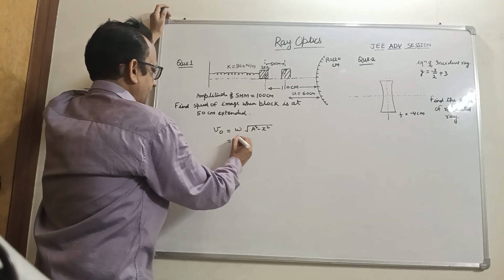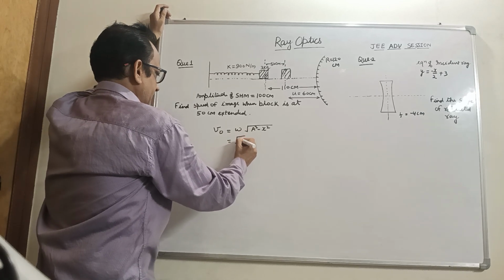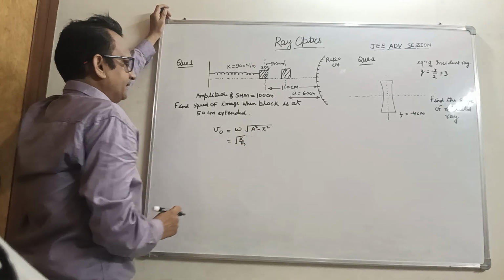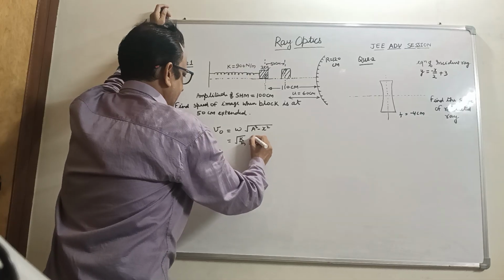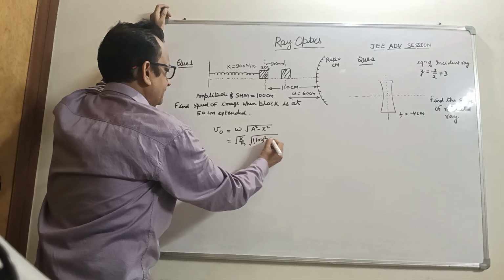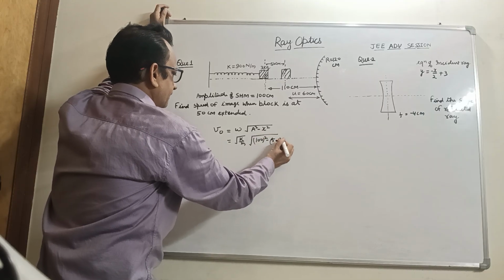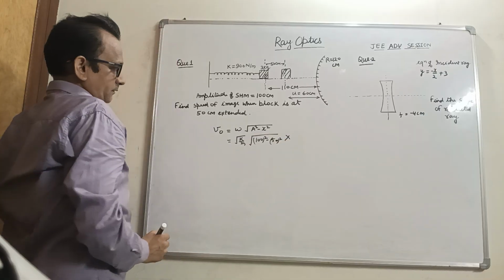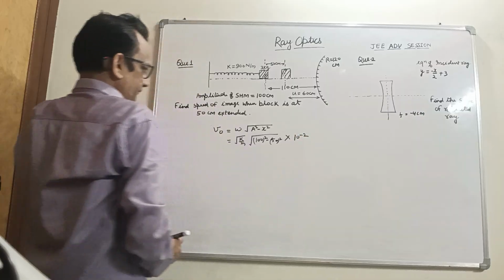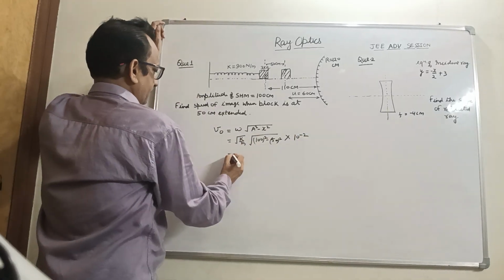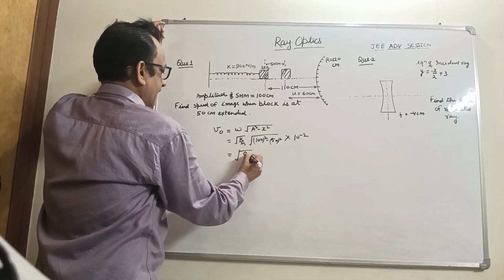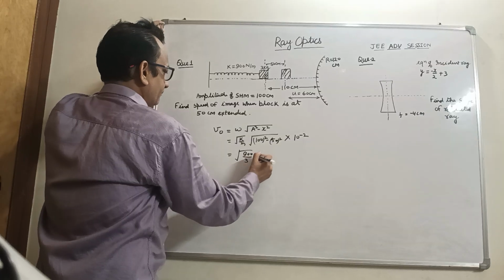Omega is under root k by m, the angular frequency, and amplitude is 100 centimeter and displacement is 50 centimeter, into 10 raised to power minus 2, this is centimeter. So put the value here: k is equal to 900, mass is 3 kilogram.